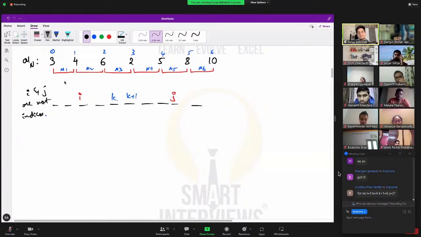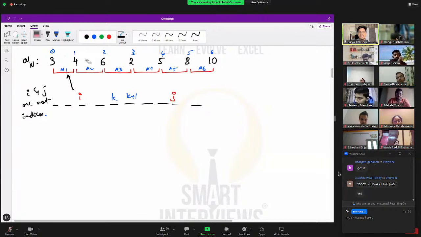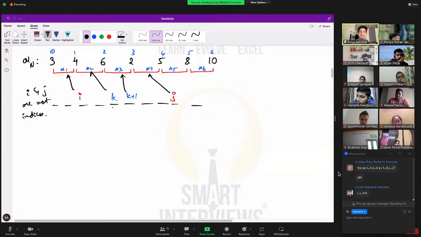You should not again say that i equal to 3. That is wrong. i equal to M1. That is correct. i is not equal to 3. i is equal to the first matrix, the 3 by 4 matrix. And j, you can imagine, is the M4 matrix, for example. Then k will be M2 and k plus 1 will be M3.